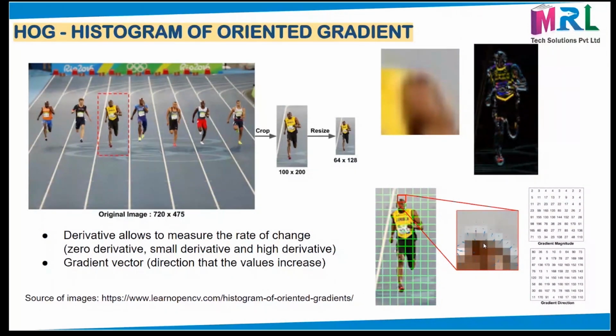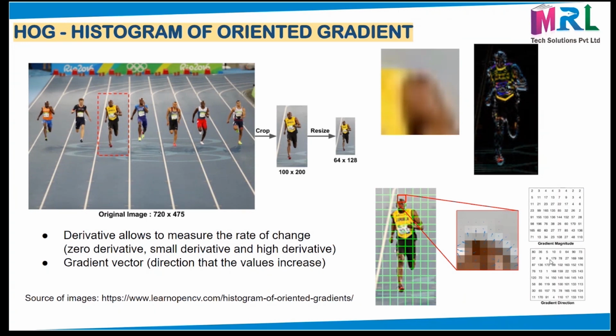That's why the direction is upward, and it has some angle. That angle represents in what angle the variation is high, so it gives the direction. The gradient vector gives the direction and the derivative gives the magnitude. After applying the derivative and gradient vector, you will have an array like this.